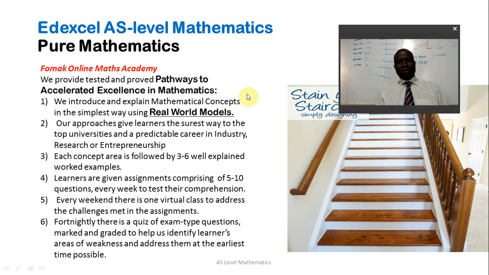We move you from the bottom of this ladder. At the bottom here is your grade course presently. And then we move you through our strategies and methodologies that I'm going to describe here to the top.